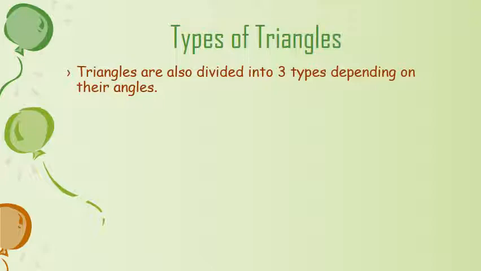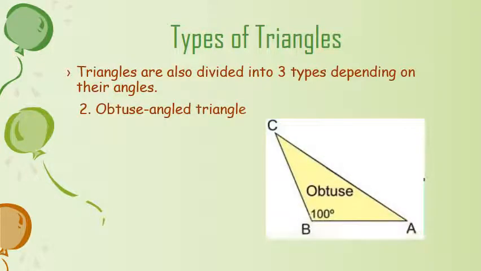The second type of triangle, depending on their angle, is the obtuse angle triangle. In this type of triangle, one angle is obtuse and the other two angles are acute. You know children, an obtuse angle is an angle which is more than 90 degree but less than 180 degree.